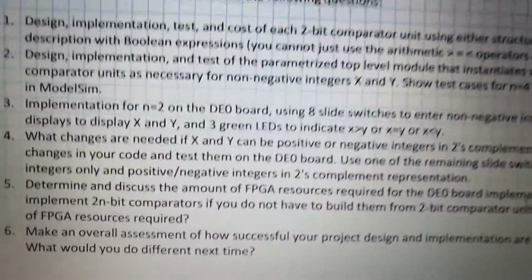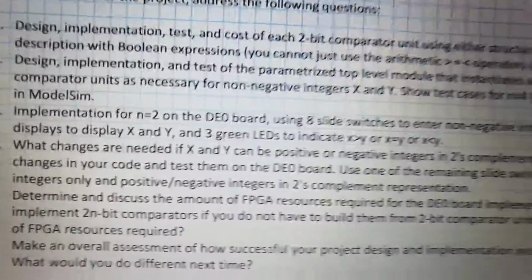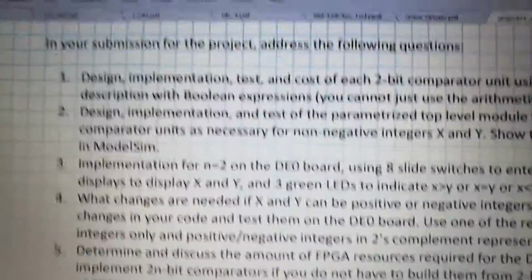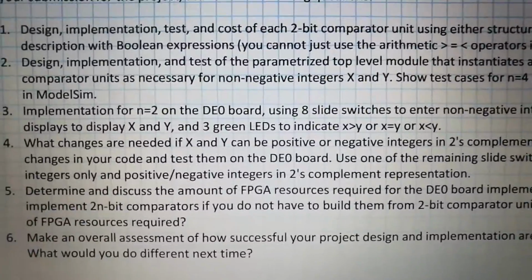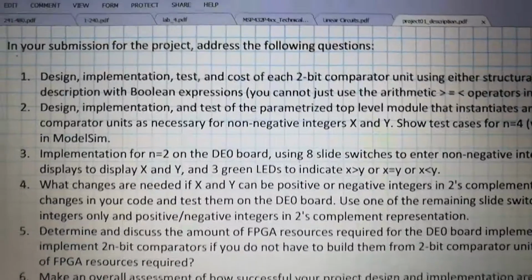So that's one way to do it. And the FPGA resources it requires are going to be larger than what we did here for sure.